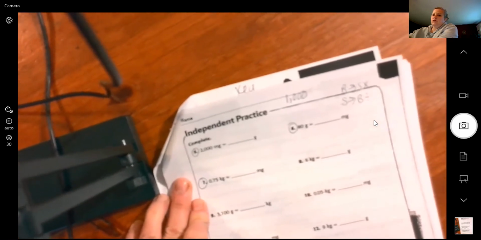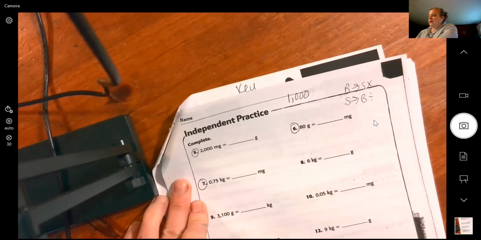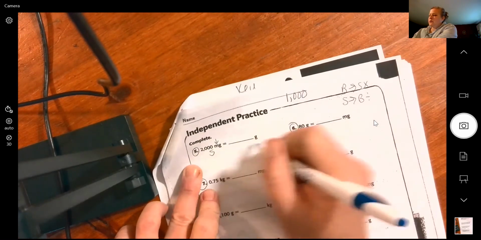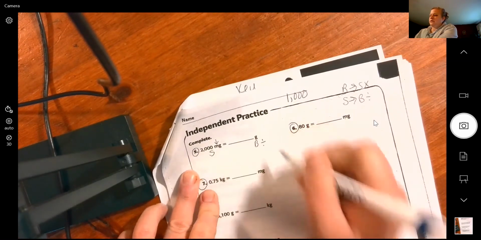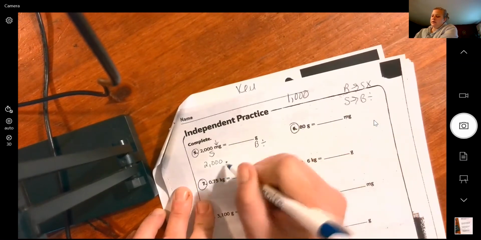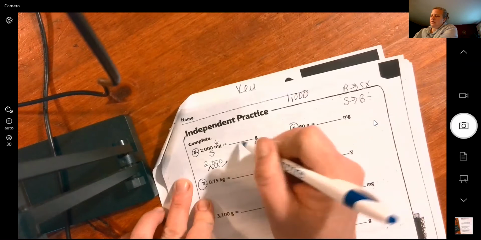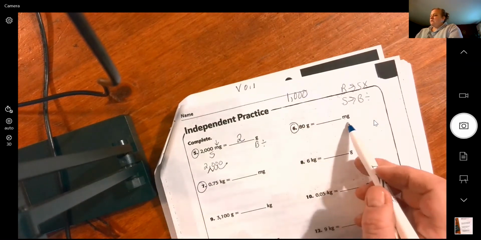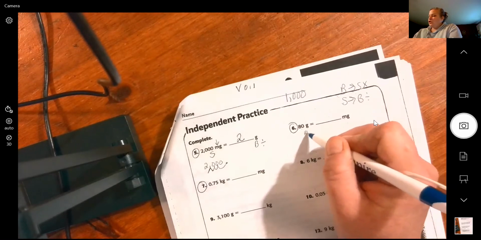All right, milligram to gram, which is big and which is small? Many cute dolls usually do have kids. Many, that's our first one. So this is small to big, which means we divide. 2,000 divided by 1,000. 1, 2, 3. Grams to milligrams. Remember, grams is unit.